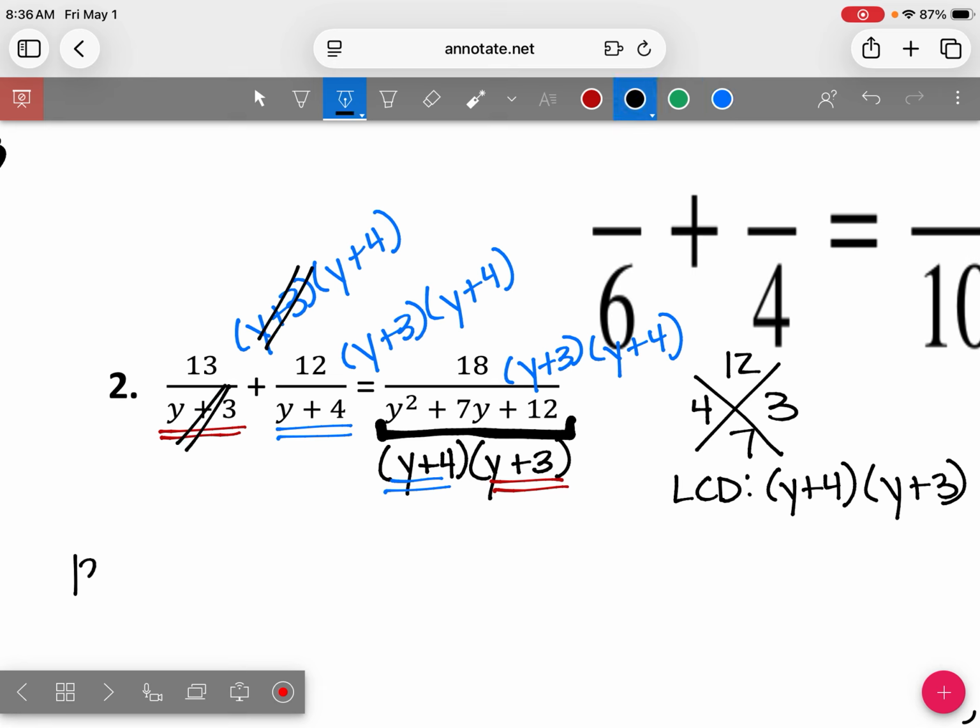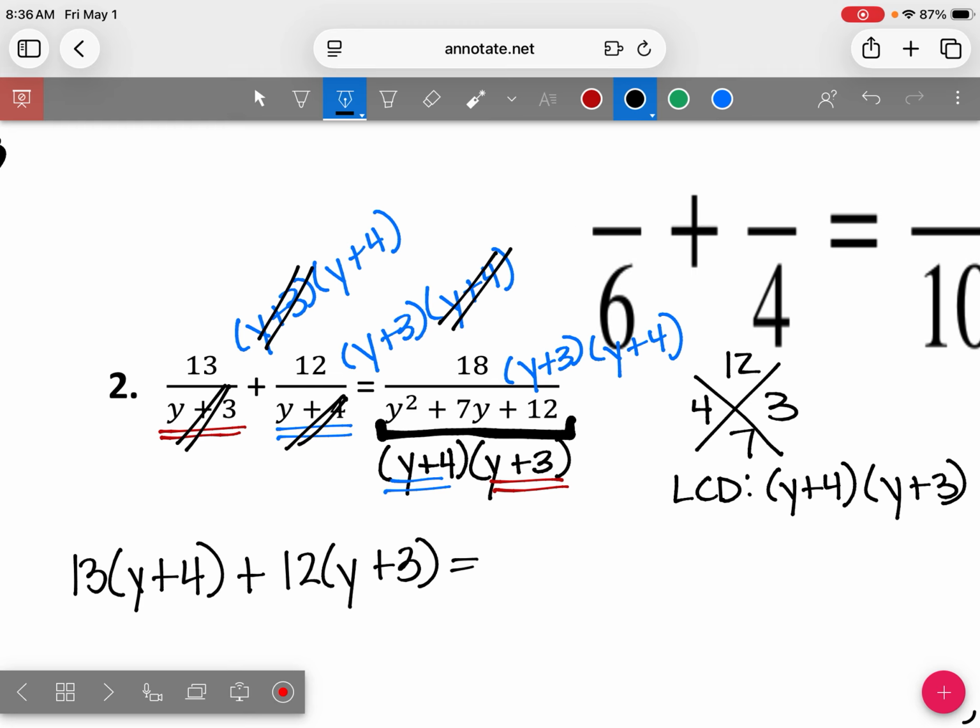You have 13 times y plus 4. Bring down the addition sign. The y plus 4 goes away, and you have 12 times y plus 3 equals, they both go away, 18. All right, take it from there. Distribute. Combine your like terms, solve it, and make sure you check it. If you can keep it, you circle it. If it's a no solution, you cross it out.